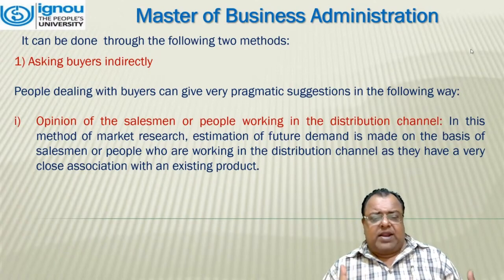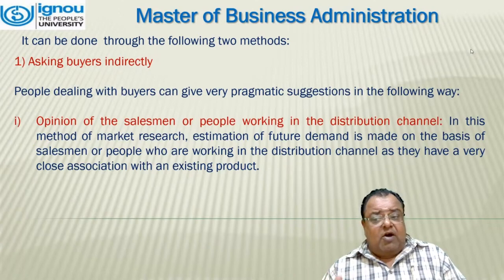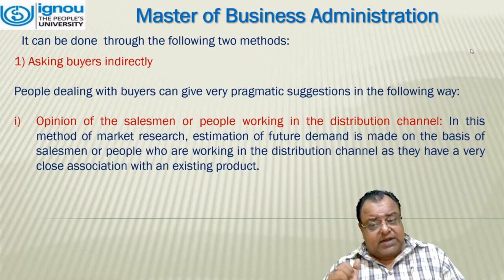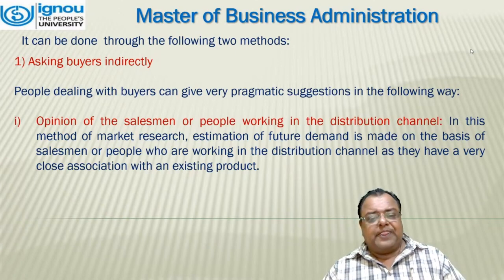In this method of market research, estimation of future demand is made on the basis of salesmen or people who are working in the distribution channel, as they have a very close association with the existing product.